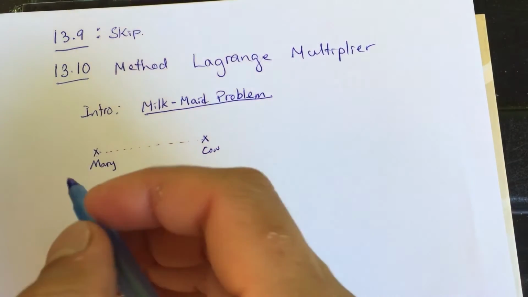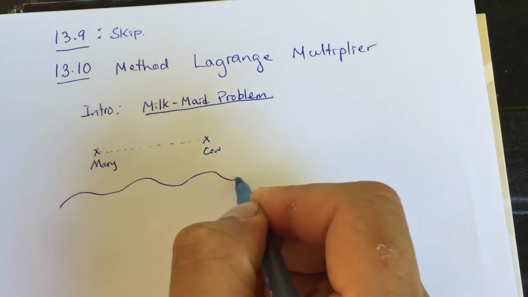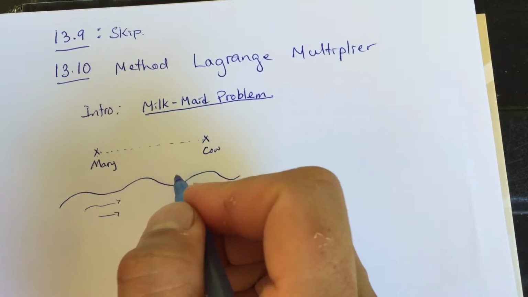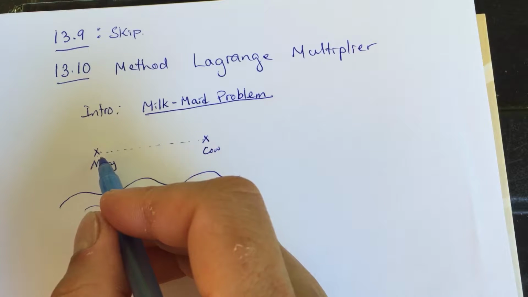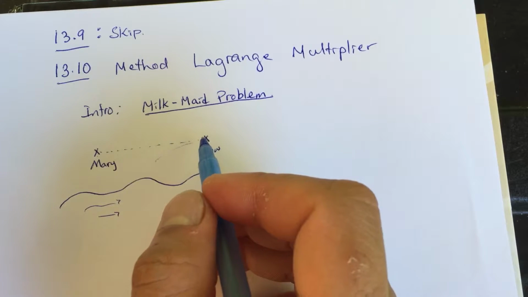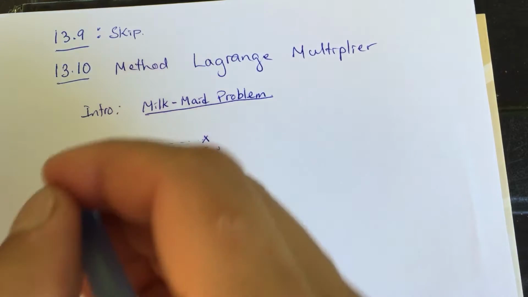That defines what distance is about. But here's the continuation. This person lives along the river. Okay, imagine this is a river, a river bank. And the question now is that Mary has a very dirty bucket before she goes out to milk the cow. So the first thing first, she has to rinse the bucket at the river.